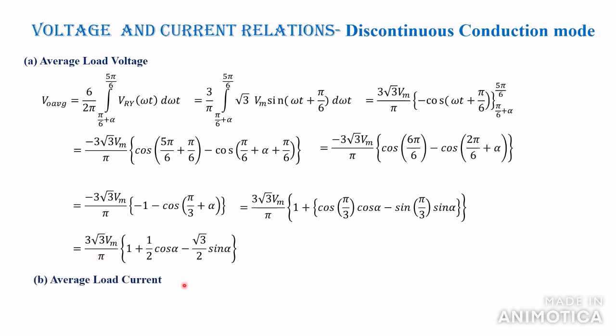So this is the final value of the average load voltage, 3 root 3 Vm by pi into 1 plus 1 by 2 cos alpha minus root 3 by 2 sin alpha. Now the average load current can be written as V0 average value divided by R. So 3 root 3 Vm by pi into R, into 1 plus 1 by 2 cos alpha minus root 3 by 2 sin alpha.